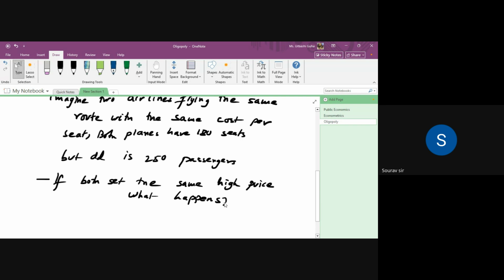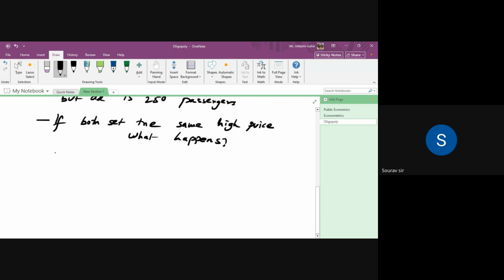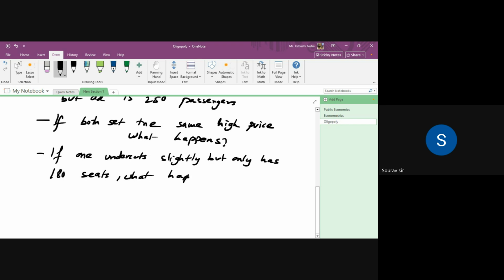Or suppose one undercuts slightly but only has 186 seats, then what happens to the leftover passengers?